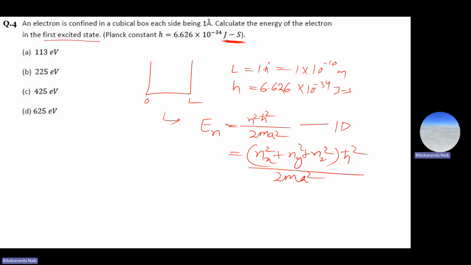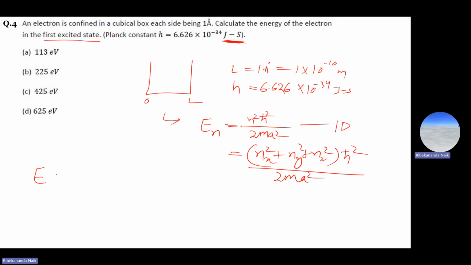The box is basically a cube, and each side is of length 1 angstrom, so all the sides are equal. So we simply put the value of a here as 1 angstrom.